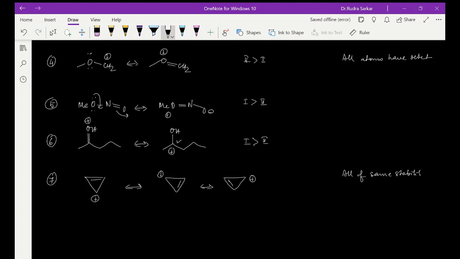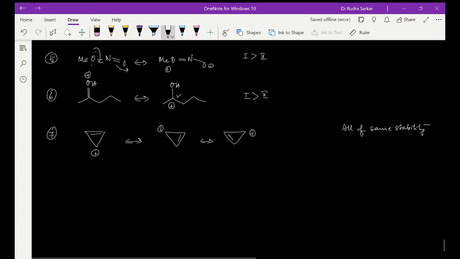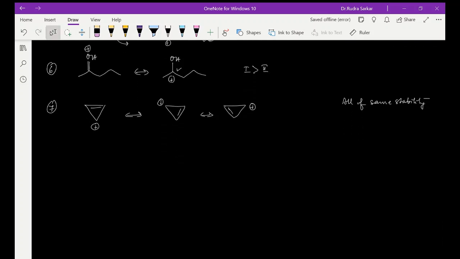Stability and energy. In 8, here 1 is equal to 2.